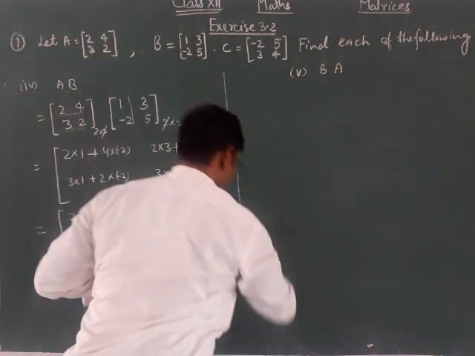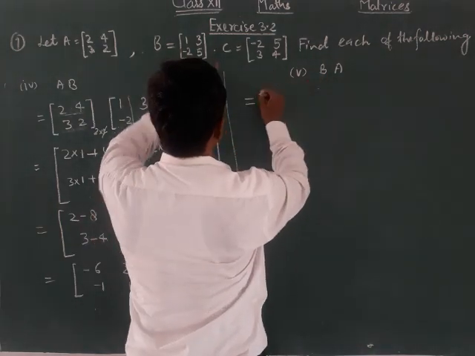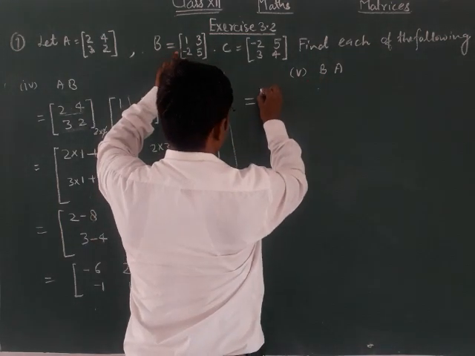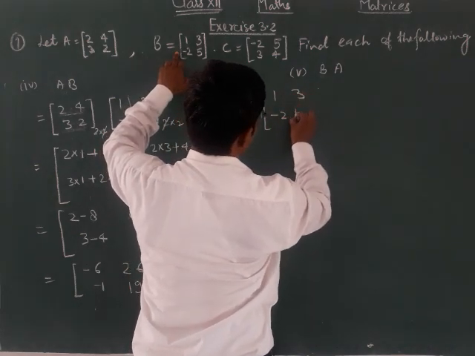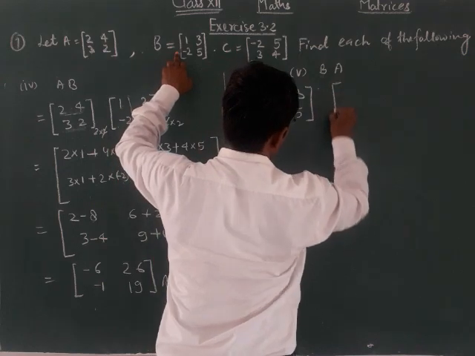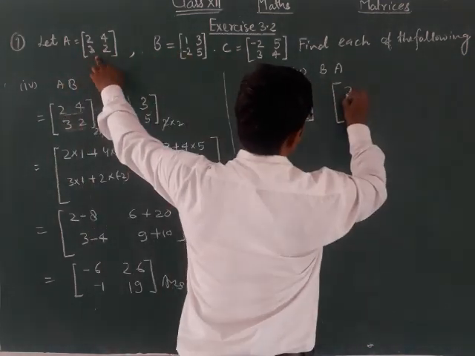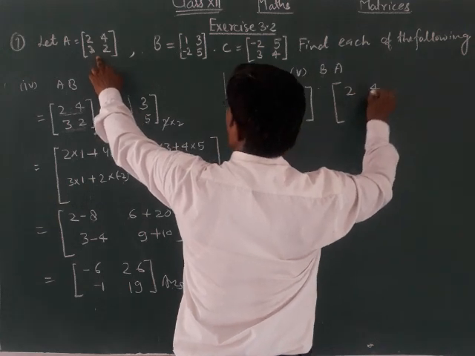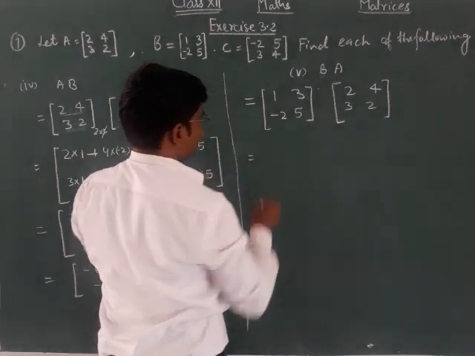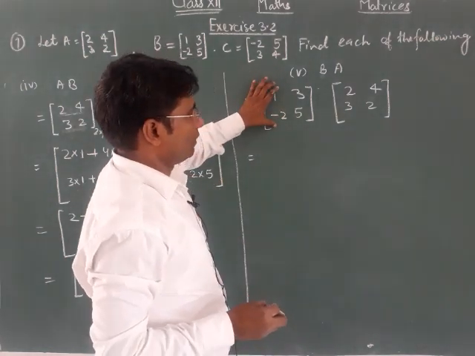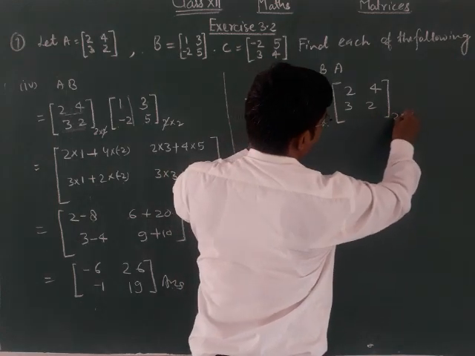Also you can solve B into A. For the given matrix B, 1 3 minus 2 5, and the given matrix A, 2 4 3 2, and multiply. Initially we check the order of the matrices, 2 by 2 and 2 by 2.